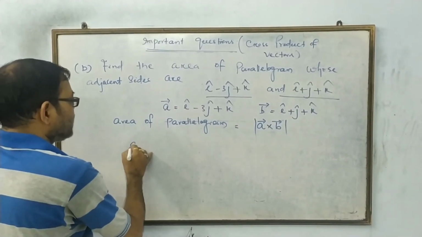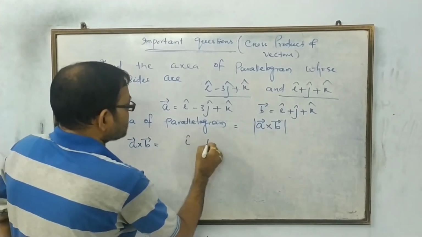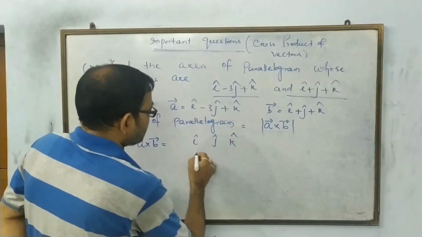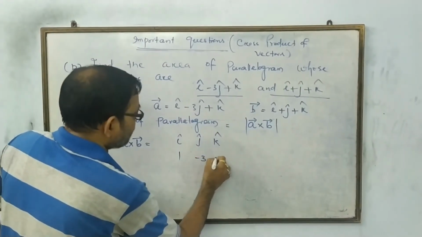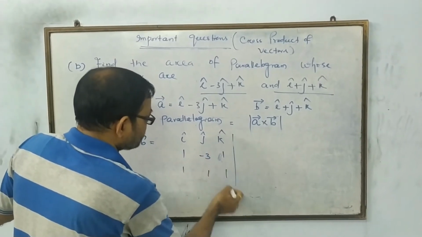Now find out. A cross B, like that, I, J, K, 1 minus 3, 1, 1, 1, 1. Yes, find it out.